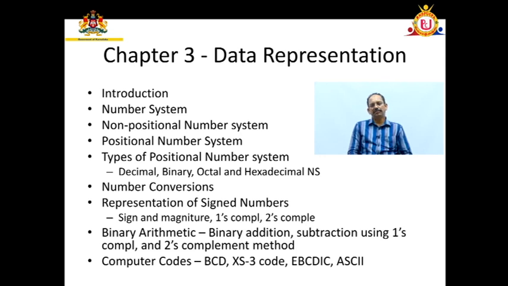So the 2 methods that are used to represent the negative number and to perform the addition operation are the one's complement method and the two's complement method, and we did a few exercises by considering examples to perform differences, or subtracting 2 numbers, using the one's complement method and the two's complement method.